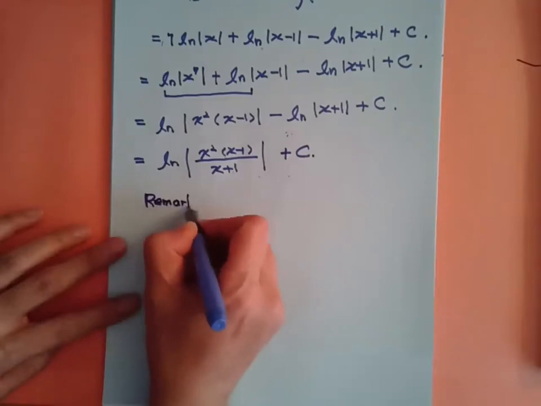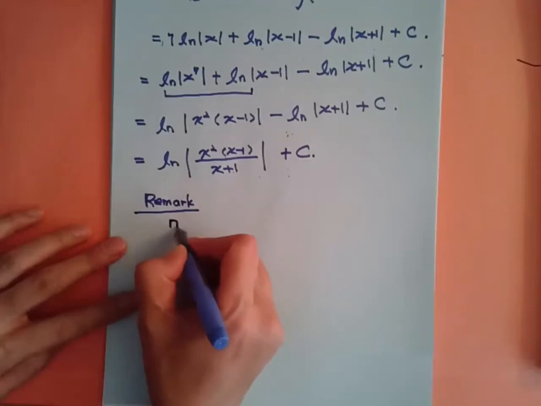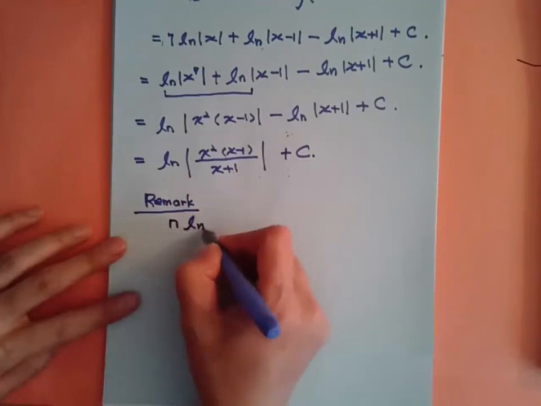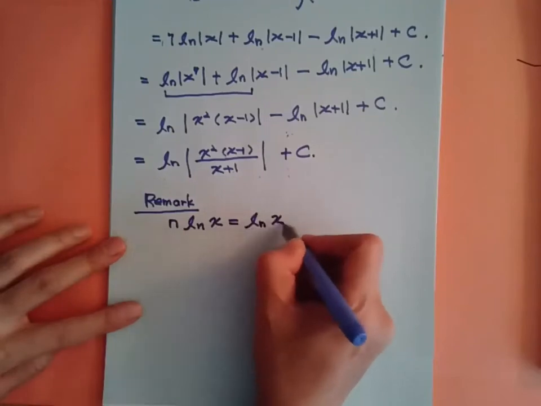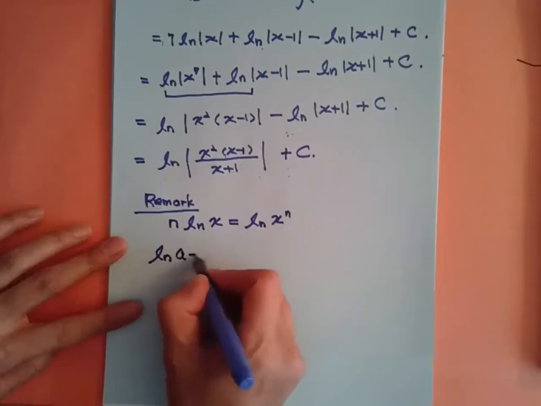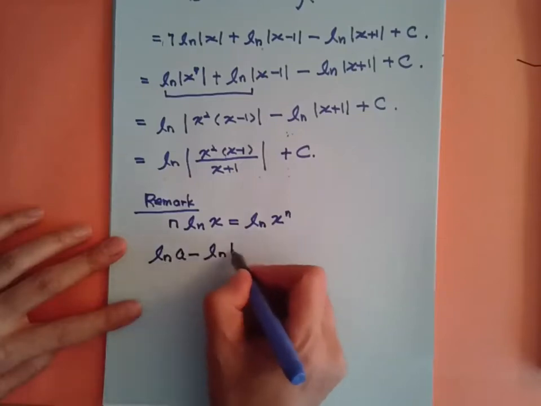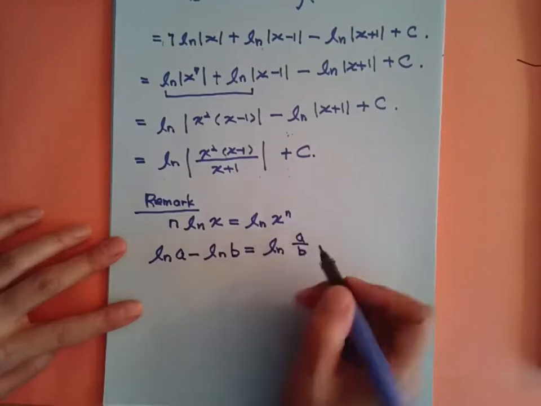Let me summarize the logarithmic rule which I used. N times natural log of x can be written as natural log of x to the n power. And natural log of a minus natural log of b is natural log of a over b.